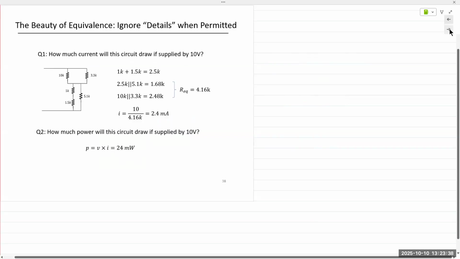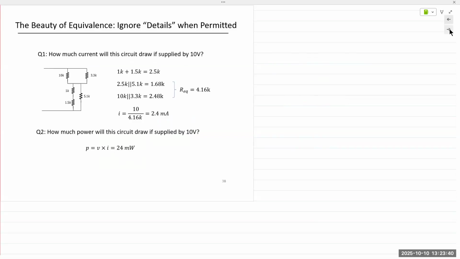So what is the advantage of equivalence? I stated this a few minutes ago. If we know the total equivalent resistance between any 2 points, we can treat it as one single resistor. So we can ignore how everything is connected inside that resistive network. We don't really care whether it's series or parallel.